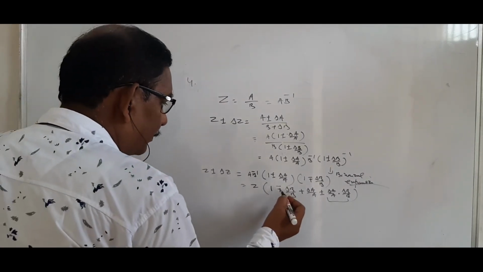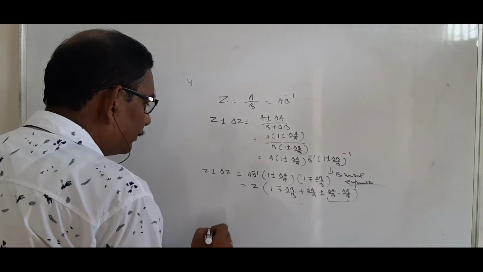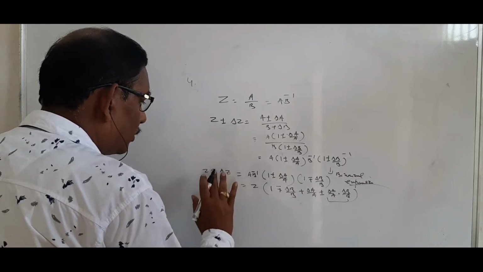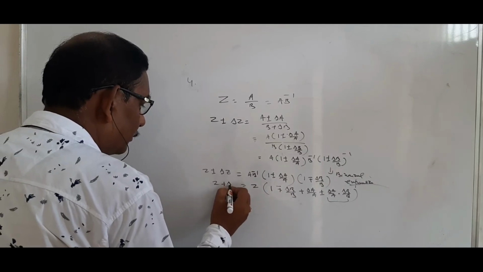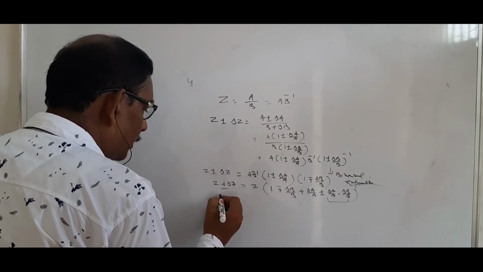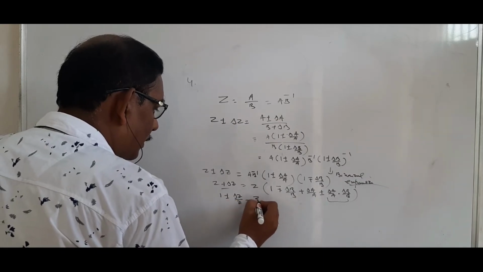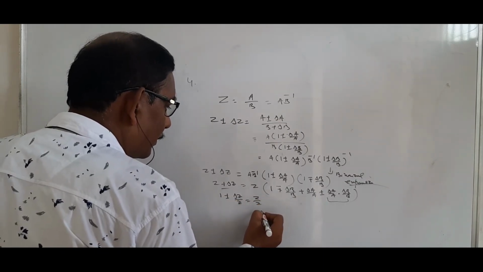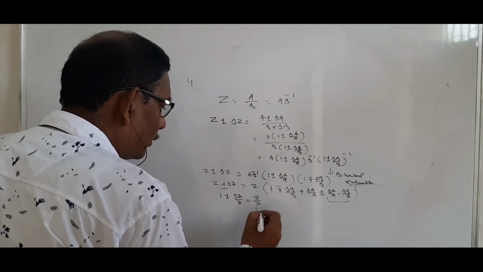So dividing now these two values by Z. One plus minus delta Z by Z, Z by Z cancel out.